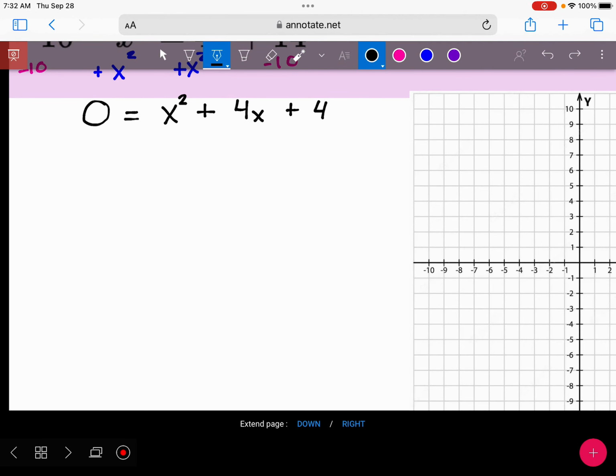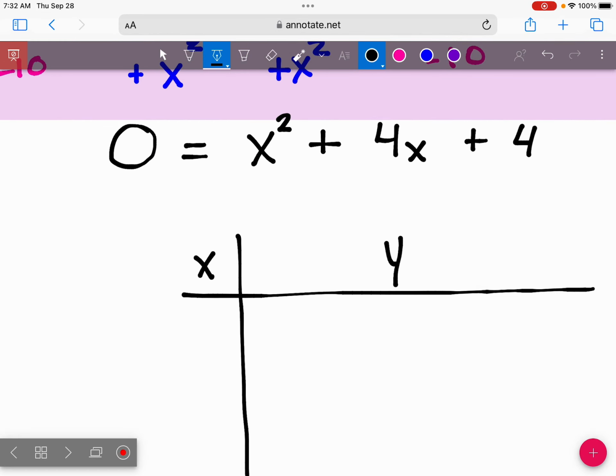Just like we did on the bell work, we're going to make our big old table. We're going to pick some x's to find our y's so that we can graph it. Which means I need to start with my axis of symmetry. I want my negative b over 2a. What is our b value here? 4.